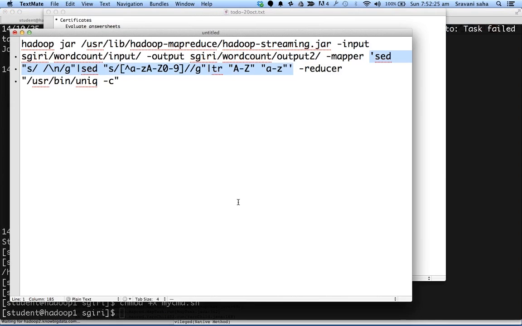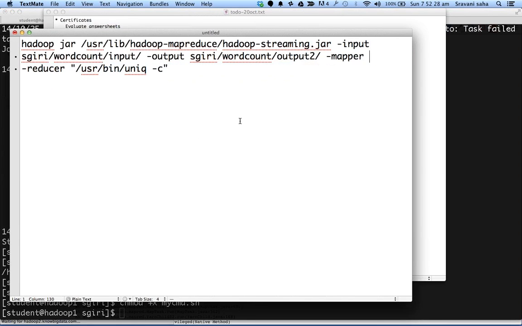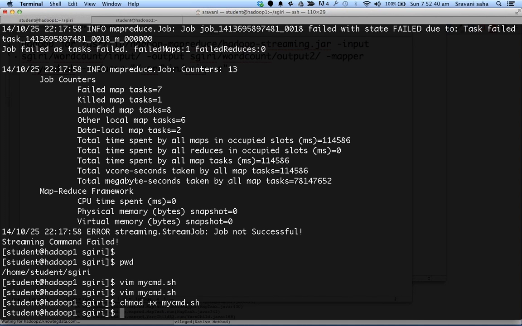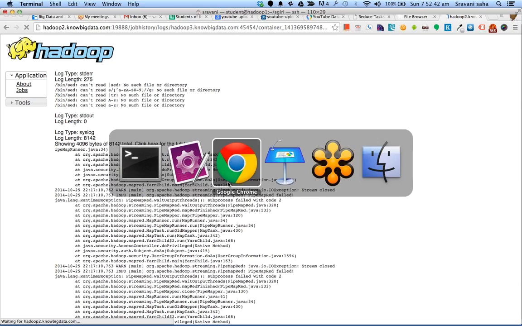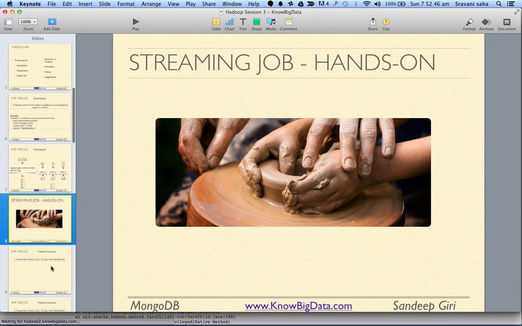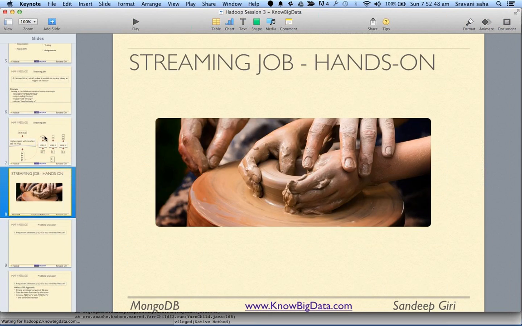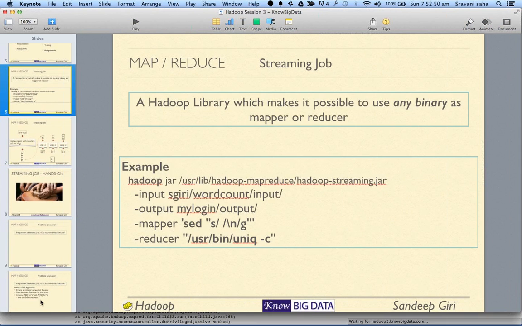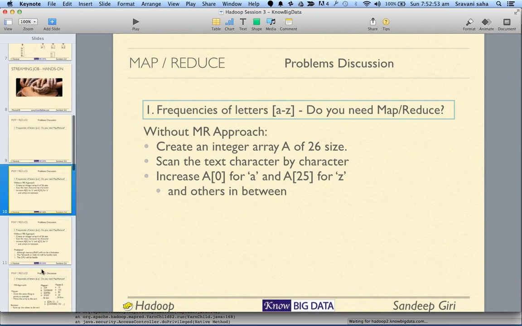So what we will do instead is take all of these three commands and put them in my cmd.sh, and we will have to ship it. There is a way in Hadoop streaming, I have it in the next session, so there is a possibility of shipping it together.